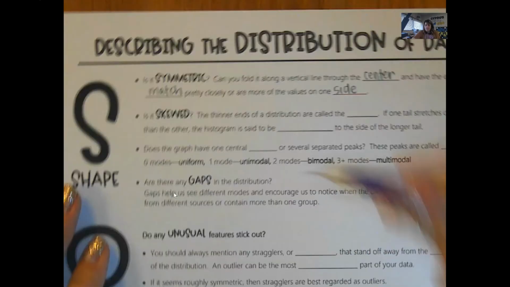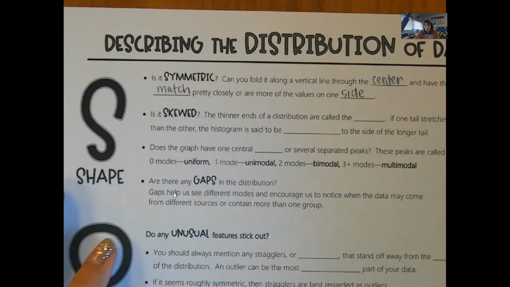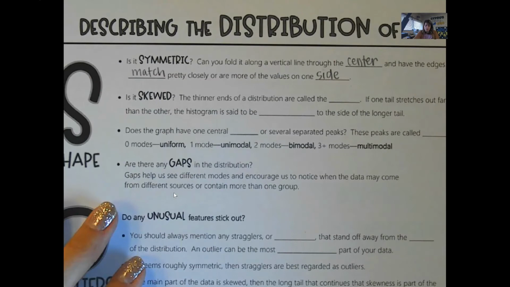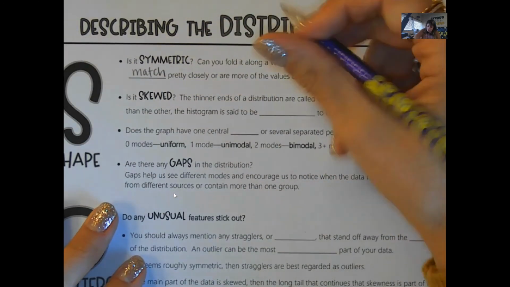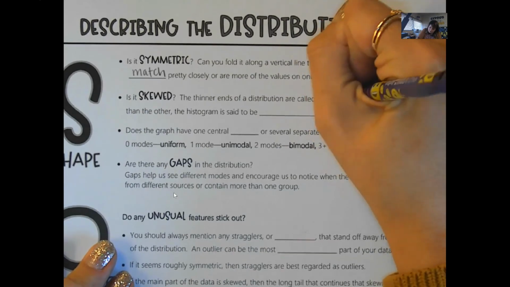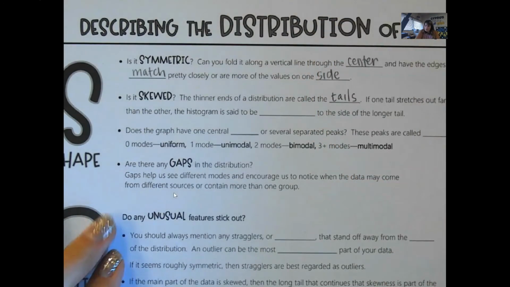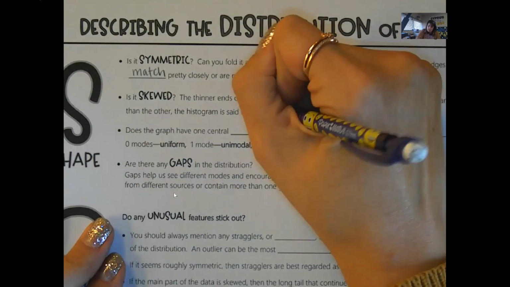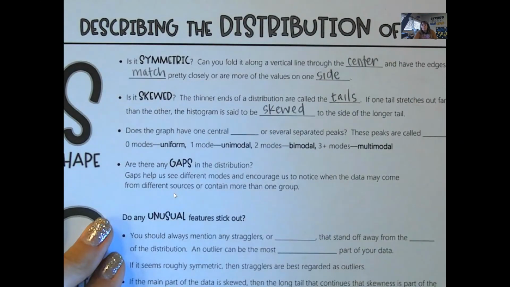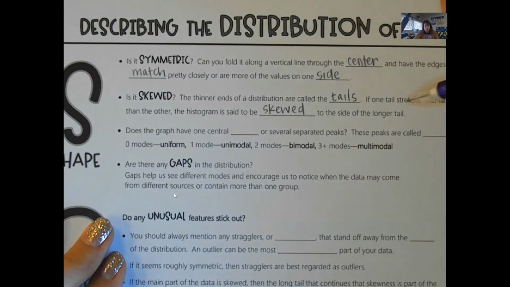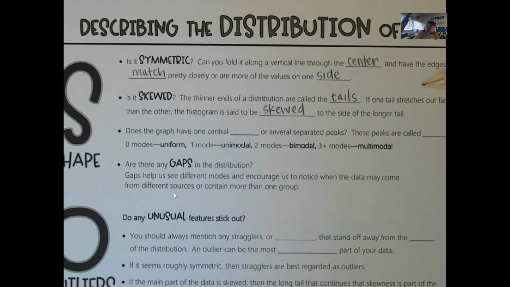Okay, the next thing that it might be is skewed, and I think we're all familiar with skewed distributions at this point. The thinner ends of a distribution are called tails. If one tail stretches out farther than the other, the histogram is said to be skewed. And the side that it's skewed toward is the side of the longer tail. So we've talked about that as the skier.